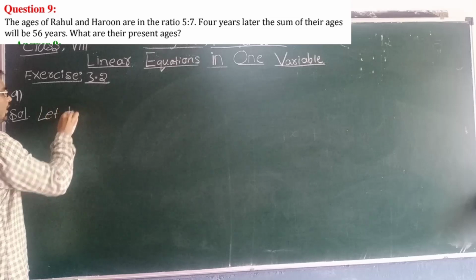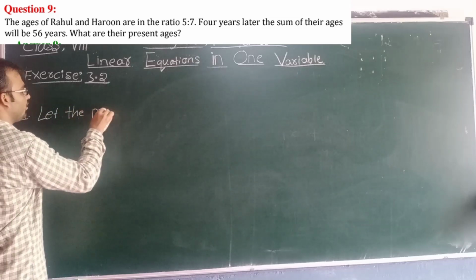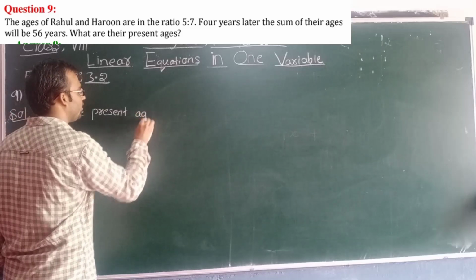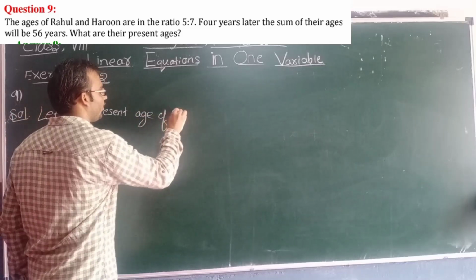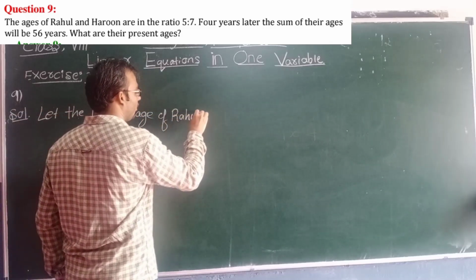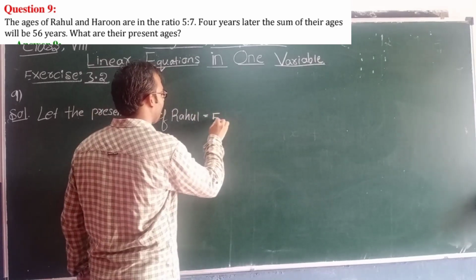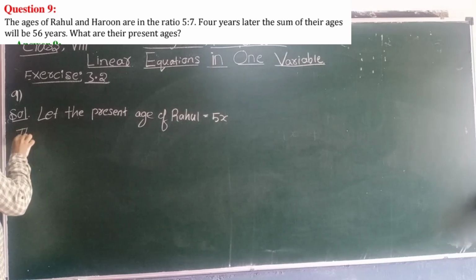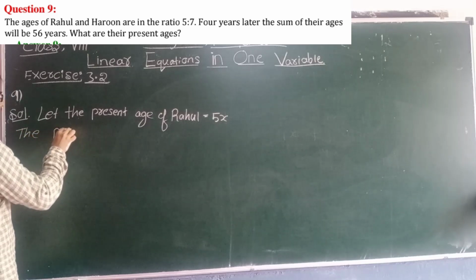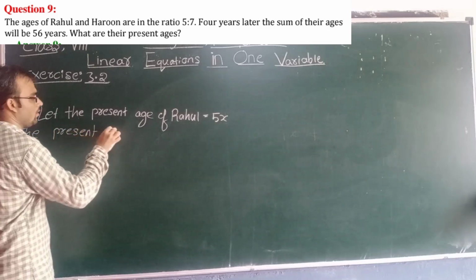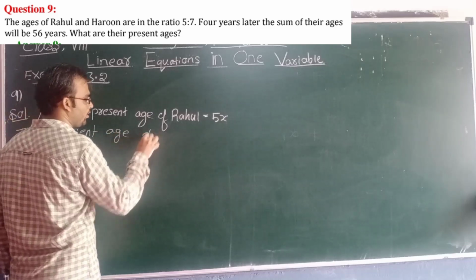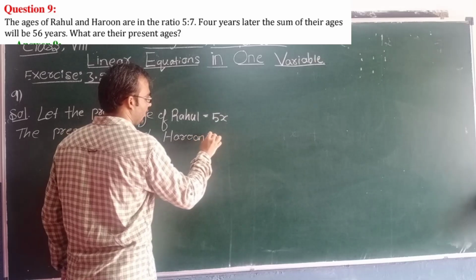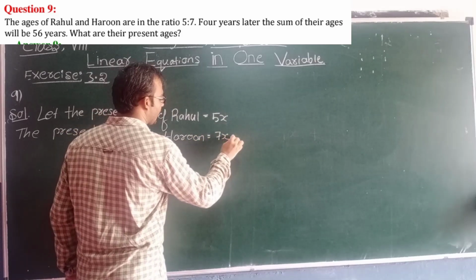Let the present age of Rahul equals to 5x. The present age of Harun equals to 7x.